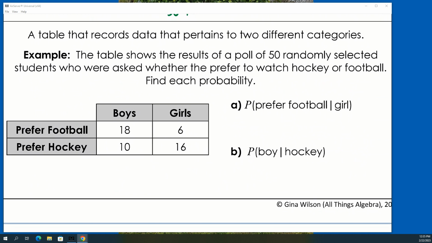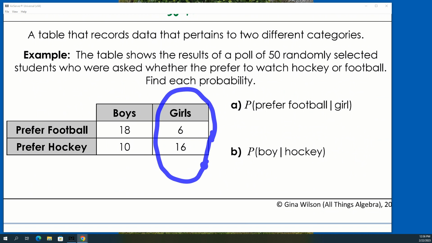All right. And so on A, we want to find the probability that someone is chosen that prefers football given that it's a girl. And so on this one, we only care about the girls. We don't care about the boys for A. Now, B, we'll talk about boys. But for A, we only care about the girls.